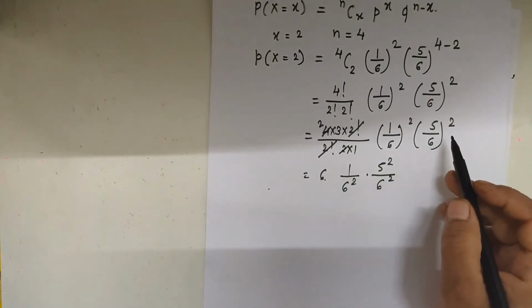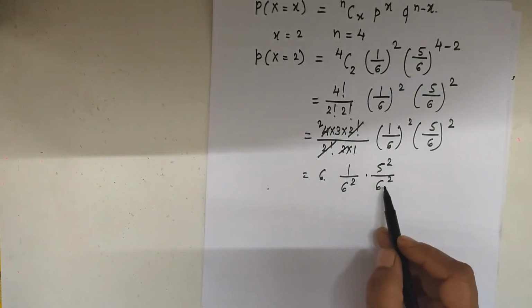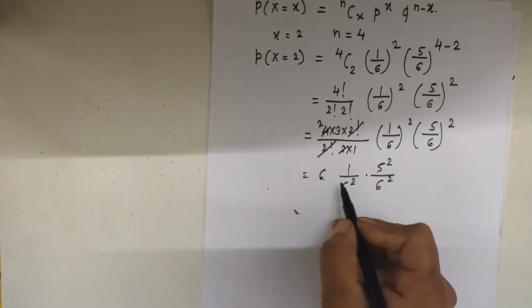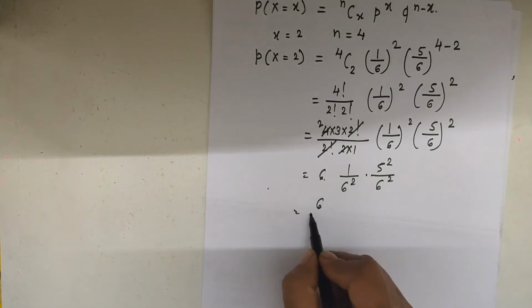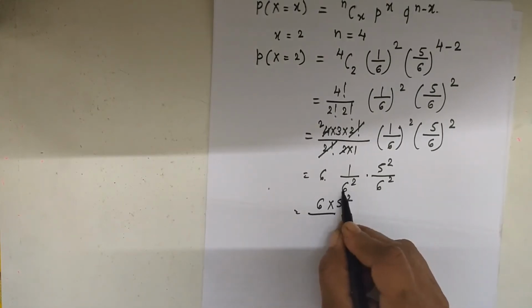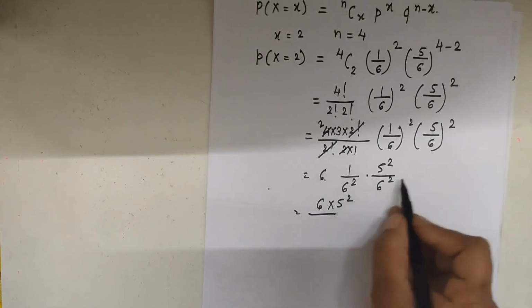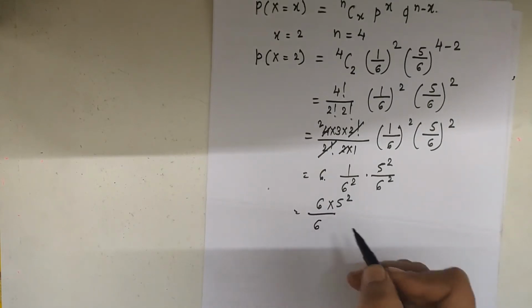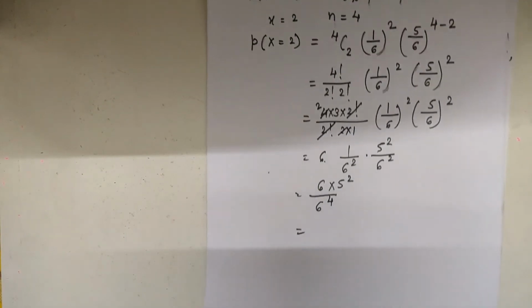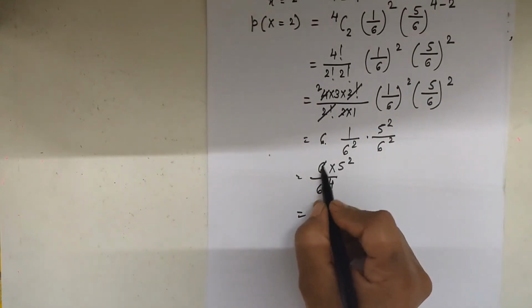By adding the index for the same base, 2 plus 2 is 4, and one 6 will be cancelled here.